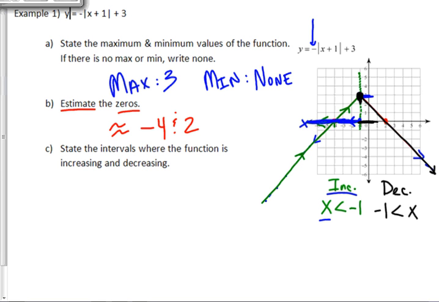So it's all these x values to the right of -1 are going to be on the decrease of the graph. So you're writing it as an inequality. Here's that breaking point right here. To the left is on the increase. So all your x values less than -1 is the increase, and all the values to the right of -1, or greater than -1, show that decrease.